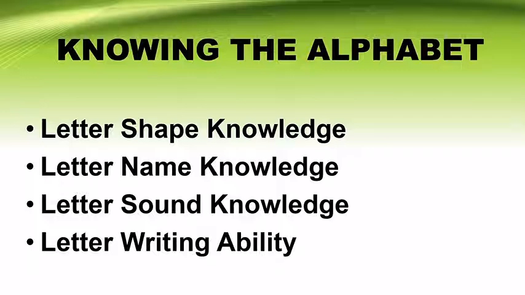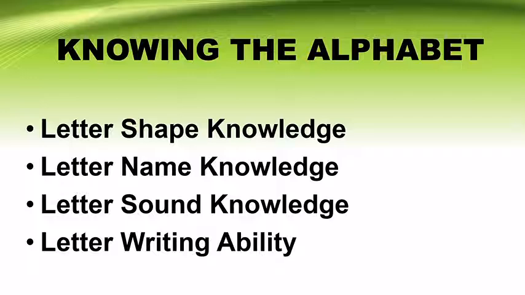In looking at the letters, the learners will learn the forms or the structures of the letters in the alphabet. Now, the second bullet is letter name knowledge. After knowing the shapes and structures of every letter, the teacher will introduce the name of every letter in the alphabet, such as A, B, C, D, E, F, up to Z.